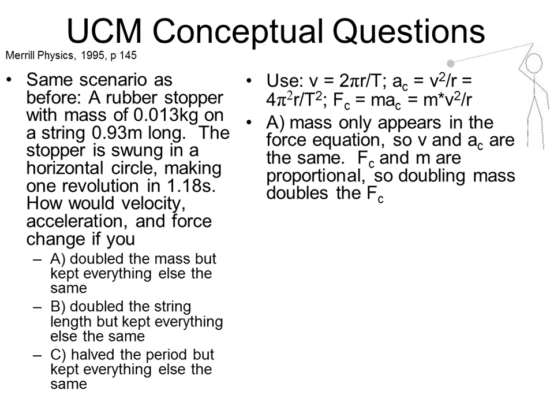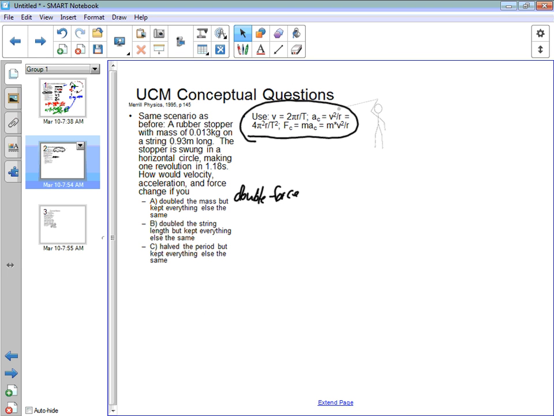It would be doubled. Why do you say that? Okay, if you plug it in, it's doubled. Sure. Yes, we can also go into a little bit more detail if we just focus on this.